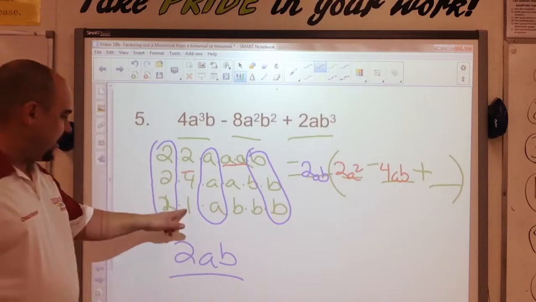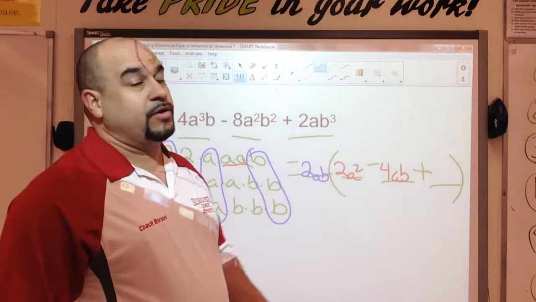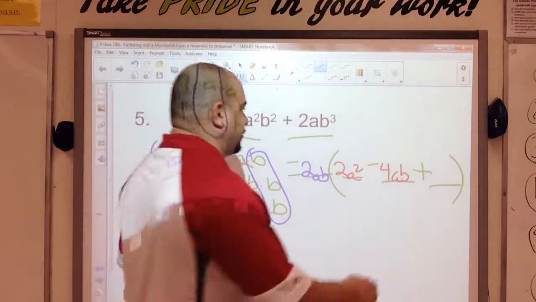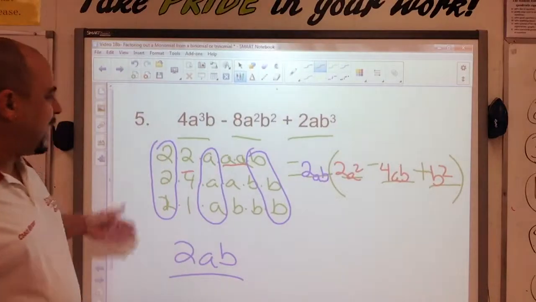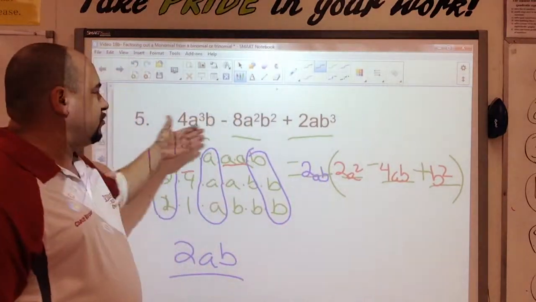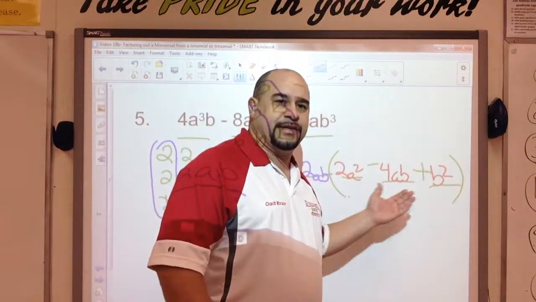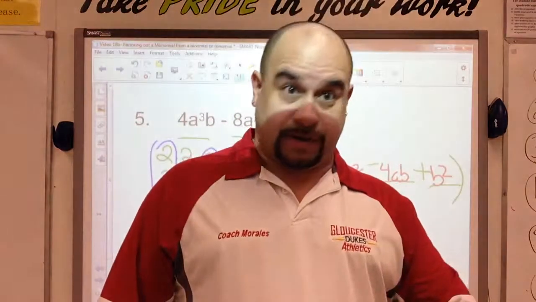And from the last one, I have a 1 and 2 b's, which is 1b squared. We don't need to write the 1, so we'll just put b squared. And that's how you pull out a GCF from a whole trinomial, and your leftovers are inside parentheses. I apologize for my handwriting. Please don't tell anybody, okay?